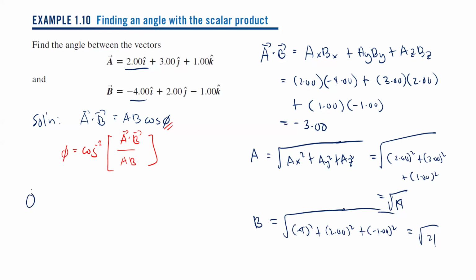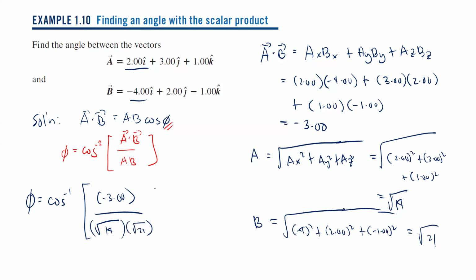So your angle here, phi, is equal to the inverse cosine of, we already got this, negative 3.00 over the square root of 14, the magnitude of A, times the square root of 21.